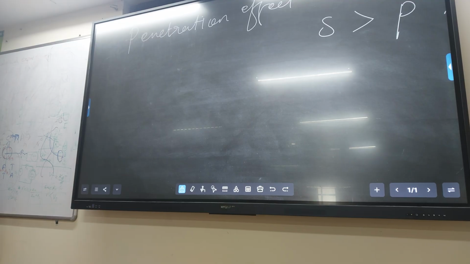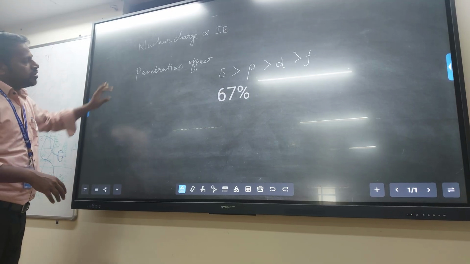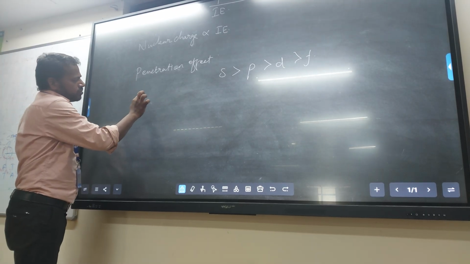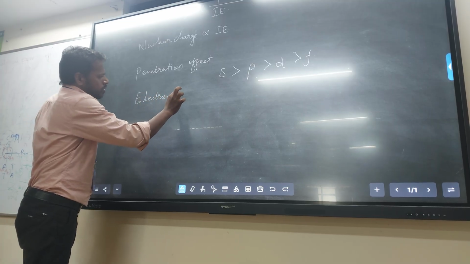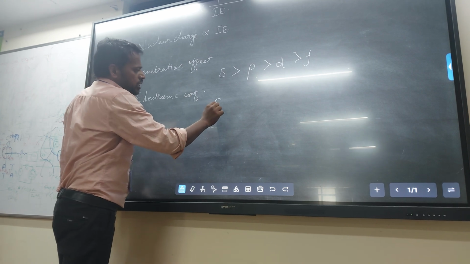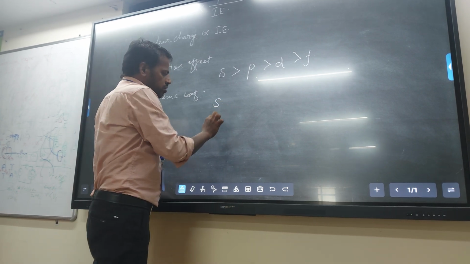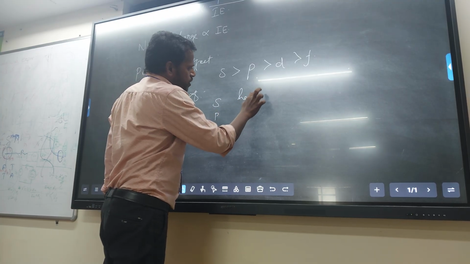And the electron configuration also, that you already know. Electronic configuration means half filled and fully filled configuration.